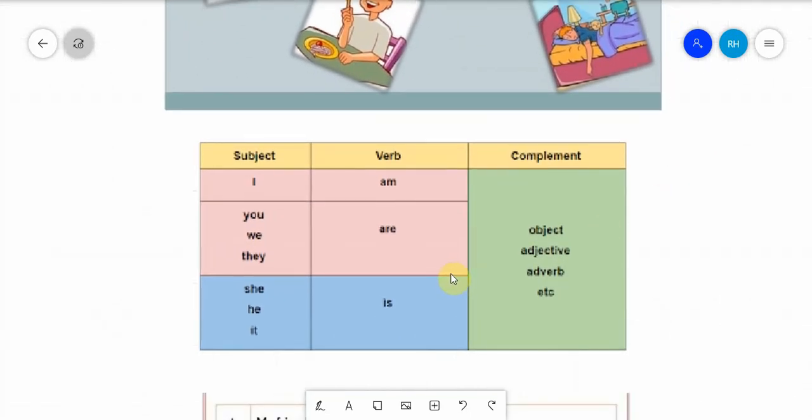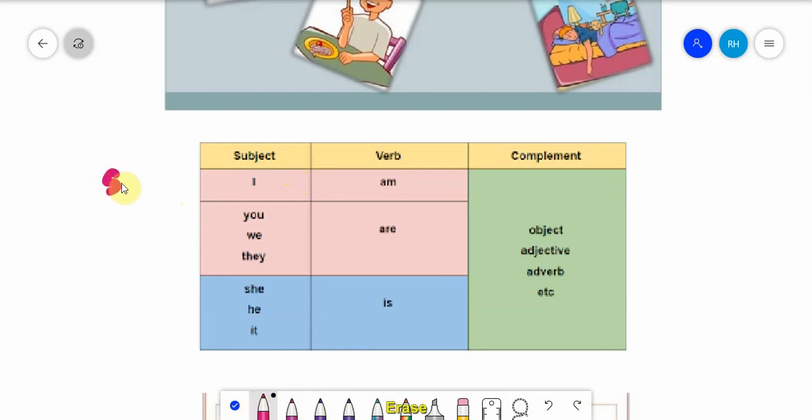Let's do a little bit of revision on what is subject, what is verb. In simple present tense, the verb follows the subject. In subject, we have two categories: the first one is singular, and the second one is plural.